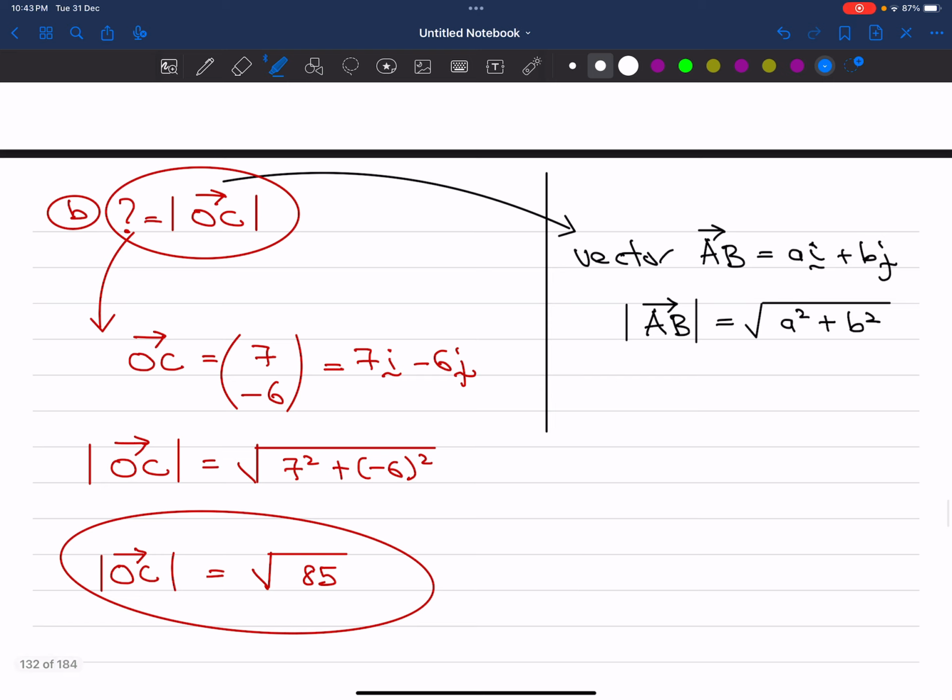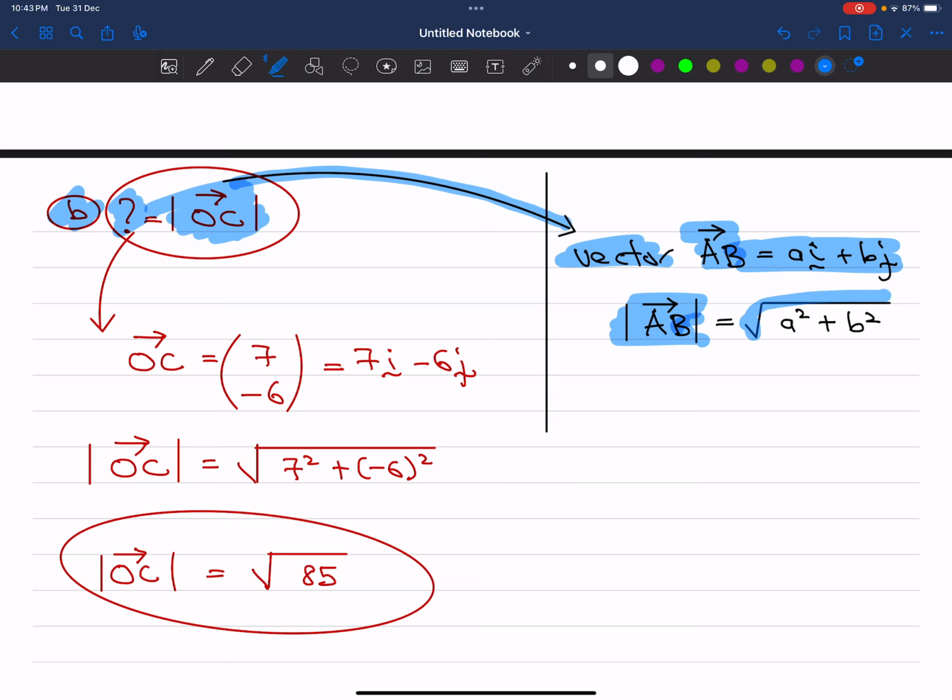Next, part B. They ask us to find the magnitude of the vector OC. Of course, you need to remember the notes. For a vector AB in the form of ai plus bj, the magnitude of the vector AB, by the Pythagoras theorem, is the square root of a squared plus b squared.